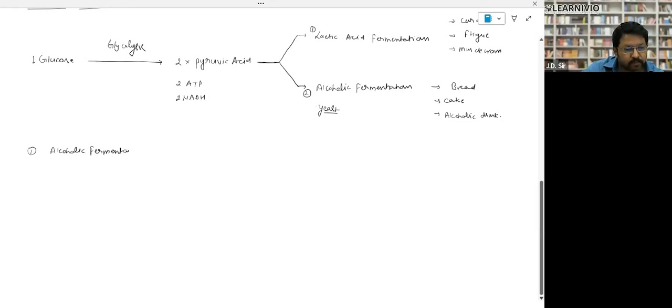So basically, in alcoholic fermentation, yeast is the key organism which is used in both alcohol making and bread making. You can write down this reaction.